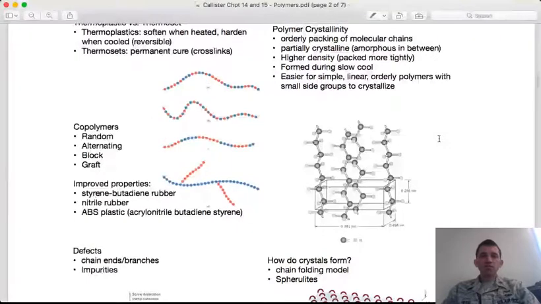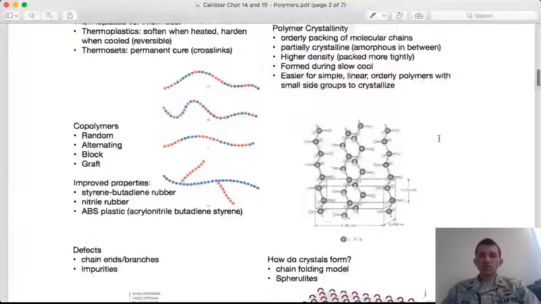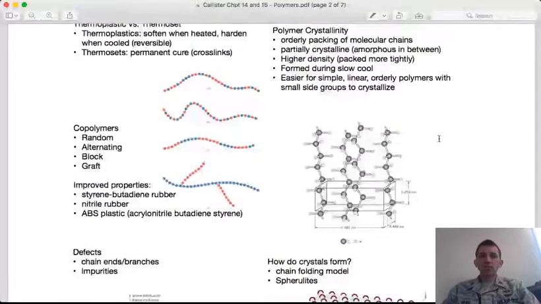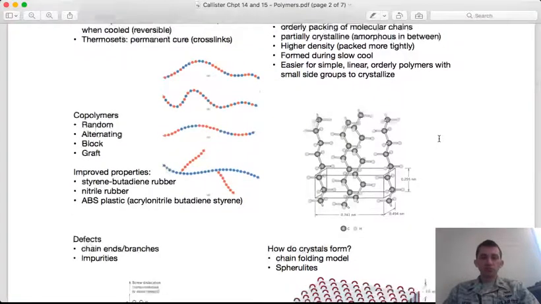It's also typical of crystals, as we've seen before, that materials crystallize when they are allowed to form slowly. And so just like other material systems, crystalline polymers are formed under a slow cool. So you need time, but you also need temperature to enable those atoms to be mobile enough to form crystalline regions.